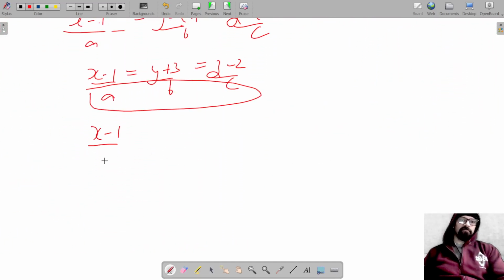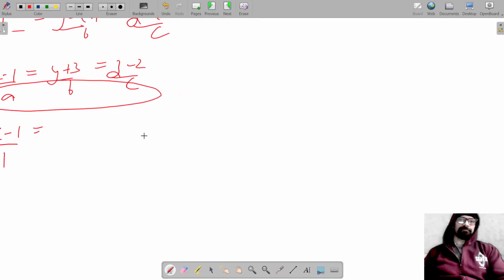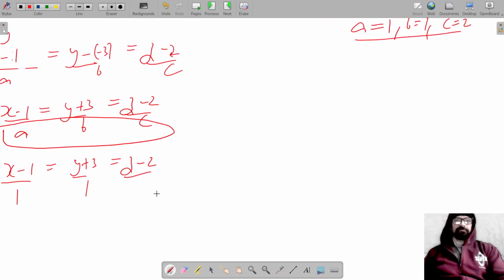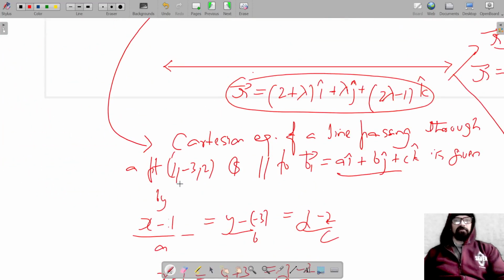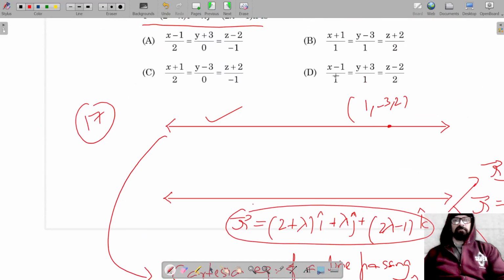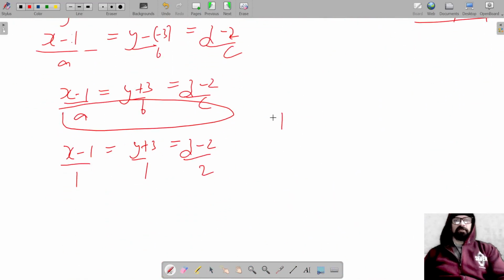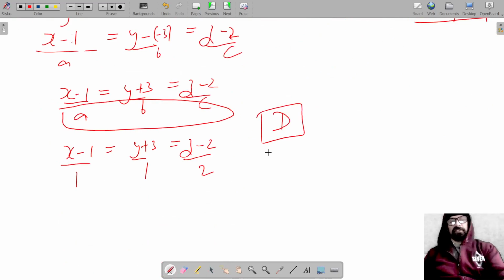The required equation of the line is (x minus 1) by 1 is equal to (y plus 3) by 1 is equal to (z minus 2) by 2, which is option D. So option D is the correct answer.